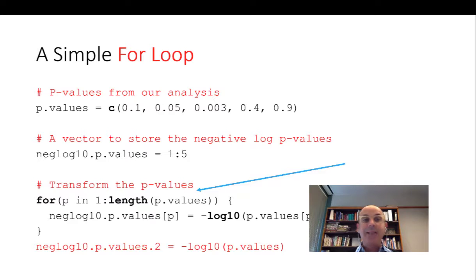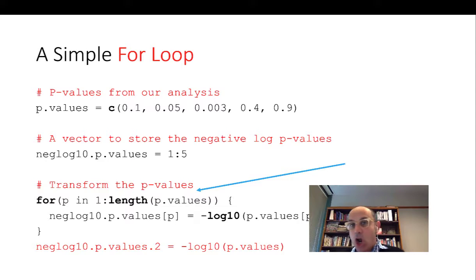So in this case, for the p-value, I'm going to declare, I'm going to open a container, and it's 0, 1, 0, 0.05, and 0.003, and 0.4, and 0.9, and I'm going to use the p-value in it in order for me to create a loop out of it.